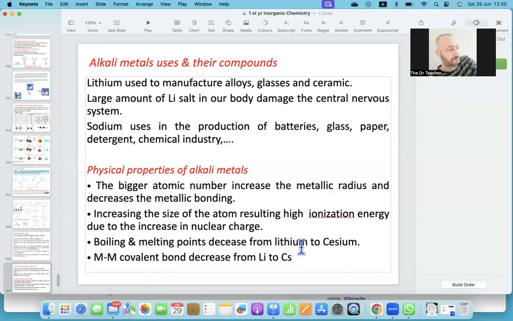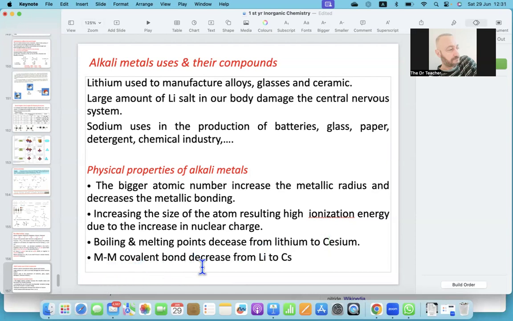So when the electrons are close to the nucleus, which means low atomic number, it means high boiling points. So from cesium to lithium will be higher melting and boiling points, and vice versa.